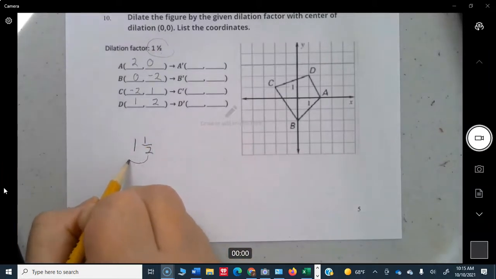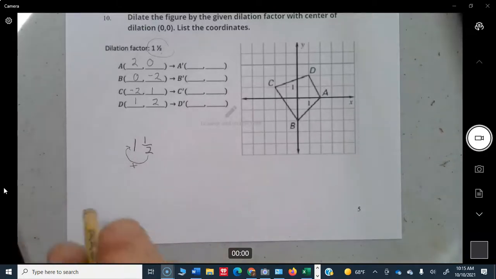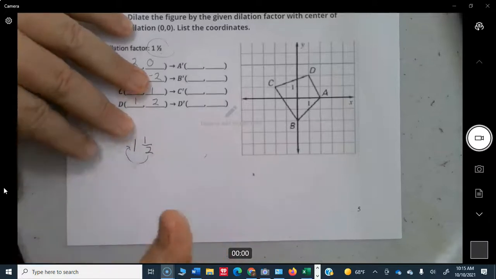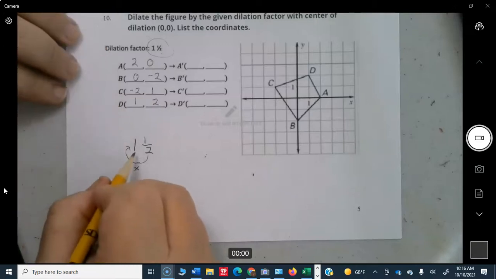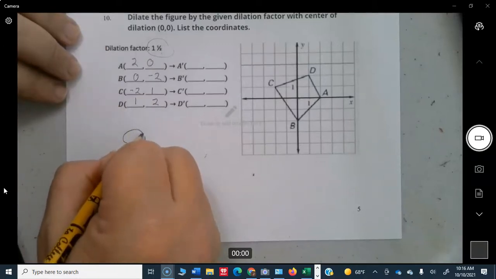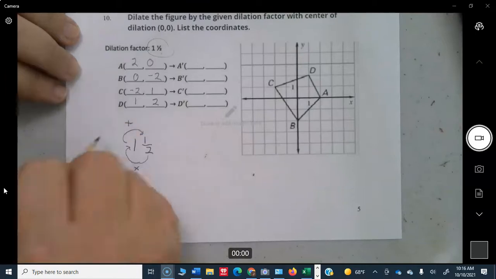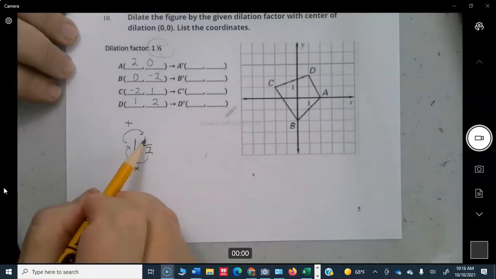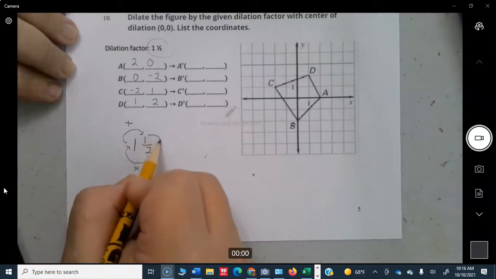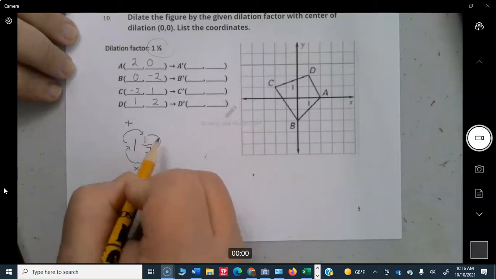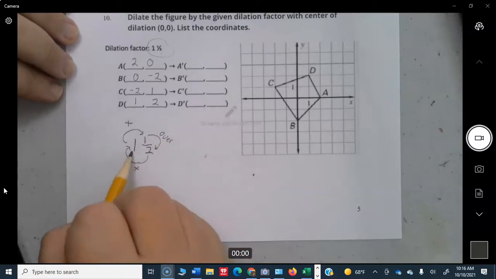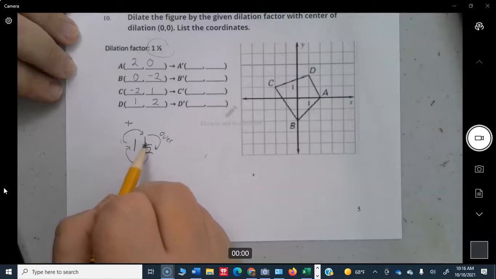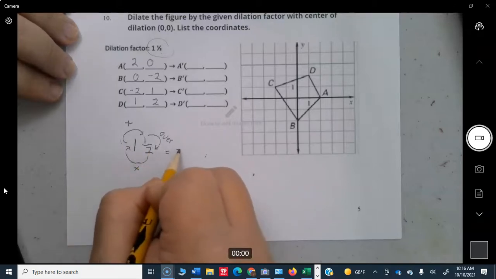You take the 2 times 1, and then you take the 1 and you add it to the 1 there, and then you put them all over that number right there. So 2 times 1 is 2, plus 1 is 3, and you put the 3 over the 2, so that equals 3 halves.